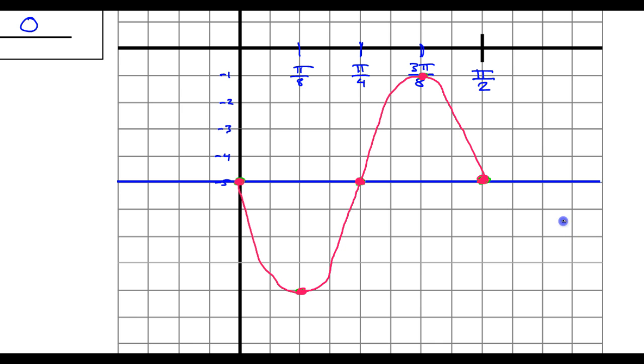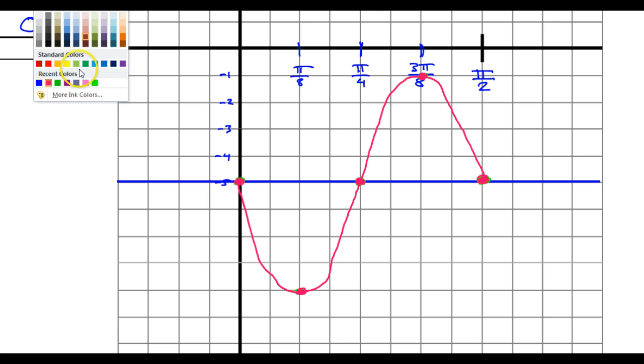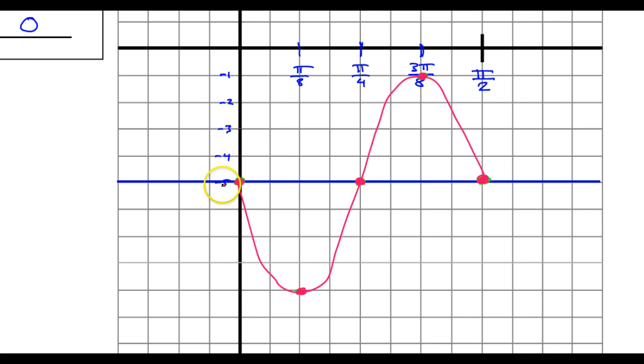Now let's keep going until we run out of space. If I can plot any more points like I did with my 5 points, I want to continue my graph as far as I can. If I continue to the left, looking at it, I went down and then up.